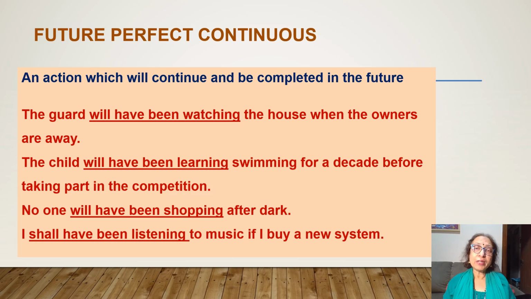The child will have been learning. So action which is continuous, learning, and which is likely to be completed in 10 years. You can see the decade. Decade means 10 years before taking part in the competition.